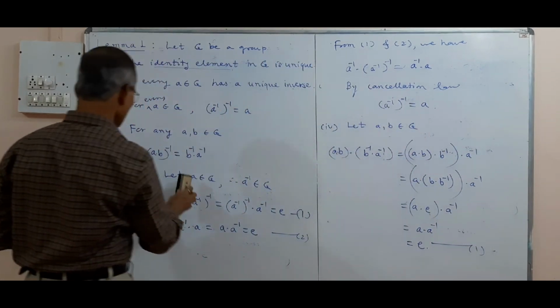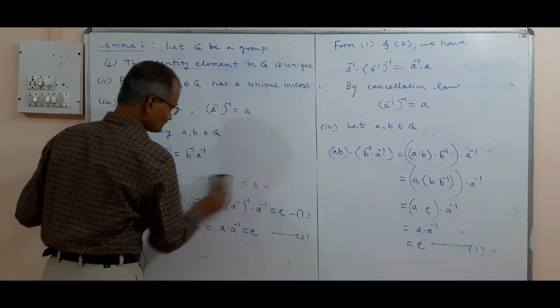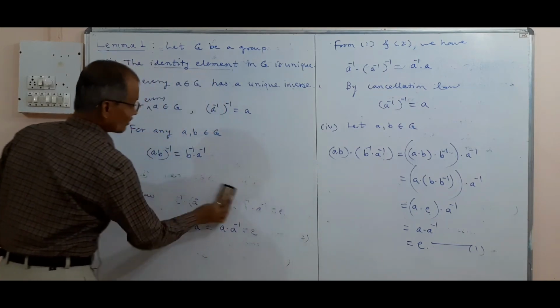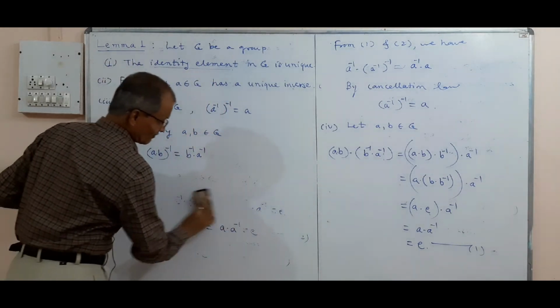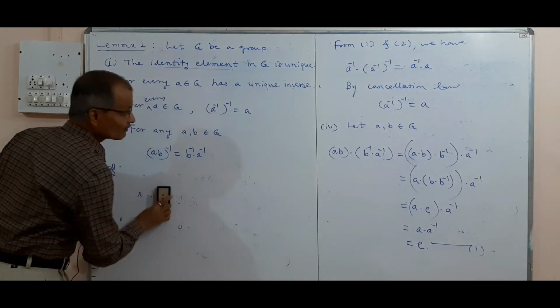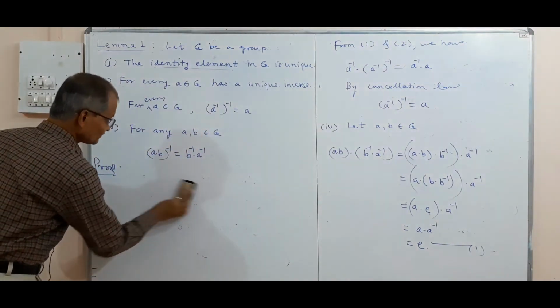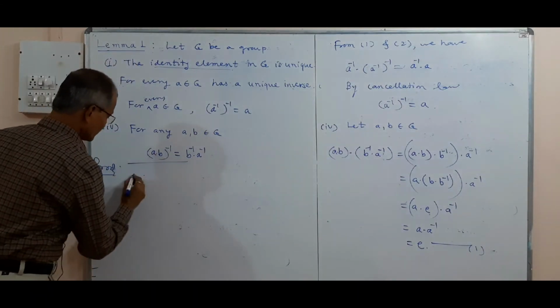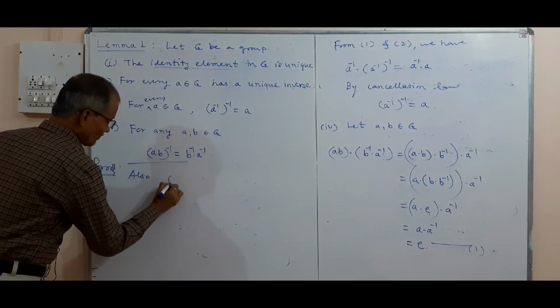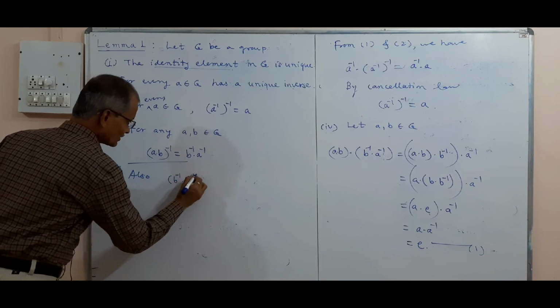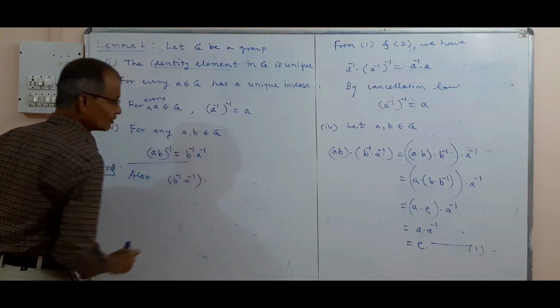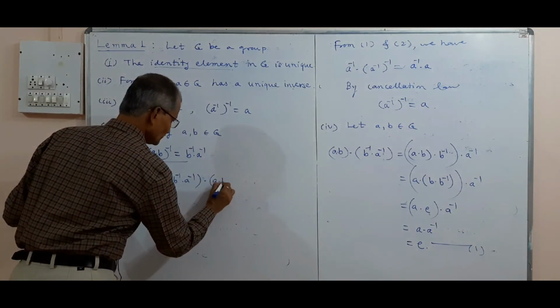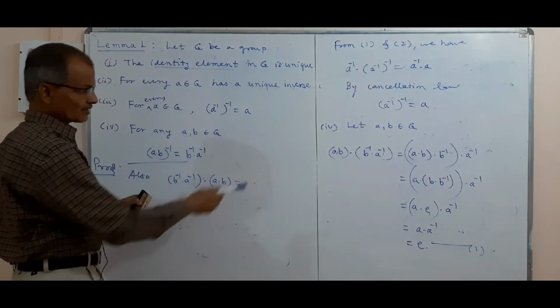And conversely also, the second result is, we may have B inverse dot A inverse into AB. Now this can be written in a similar way.